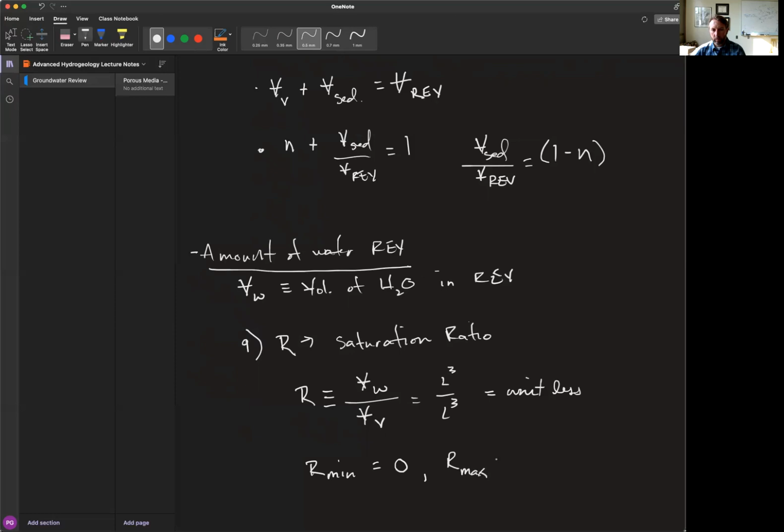Now take a moment and think to yourself, what is the maximum of the saturation ratio? All right. If I fill all my pore space, again, the only place water can be is in my pore space. So if I fill all of my pore space, then my volume of water will equal my volume of voids, and my saturation ratio will equal 1. So saturation ratio, which we often shorten to saturation, varies between 0 and 1.